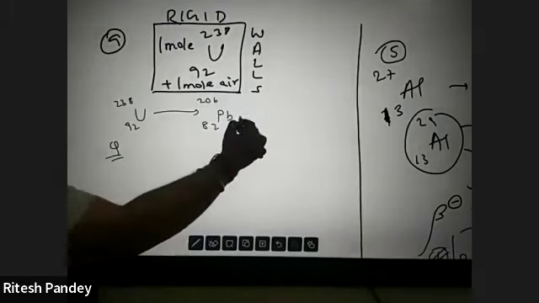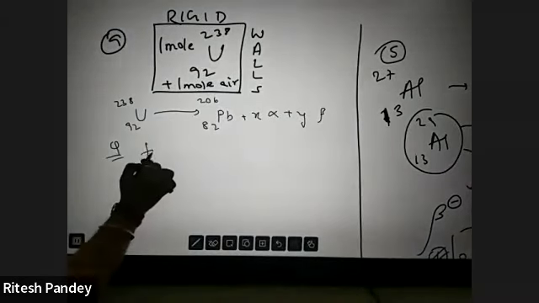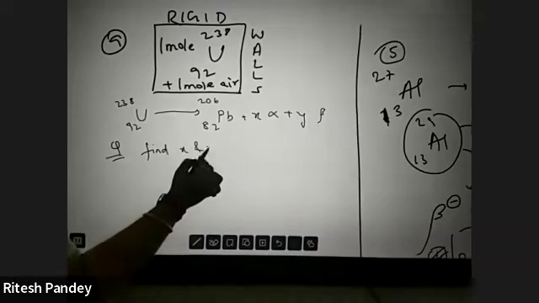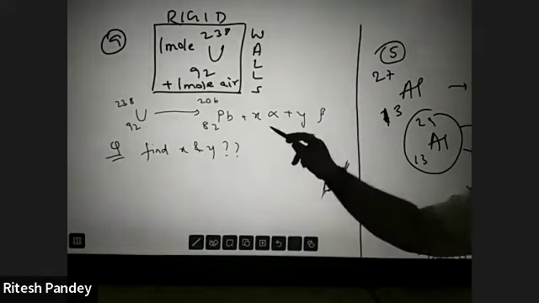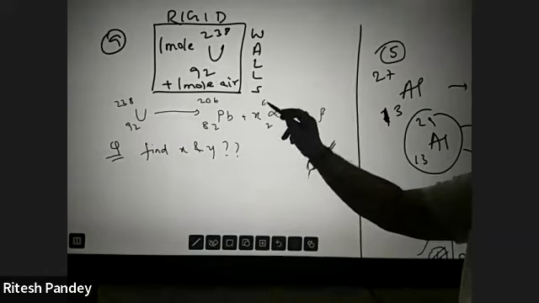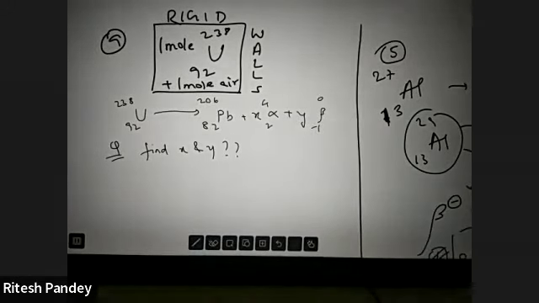The question here is, suppose the result is X alpha and Y beta, find X and Y. Some of you would have done it before class 11. If you know about alpha and beta rays, some of you would have done it before class 11. Please tell me, what is the trick to go about finding the number of alpha and beta particles coming out in a radioactive series?